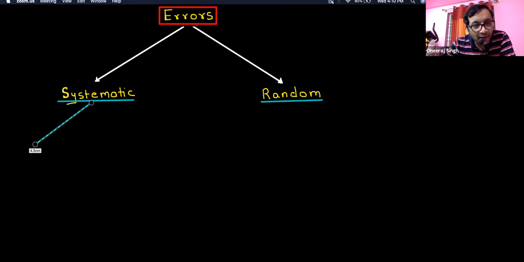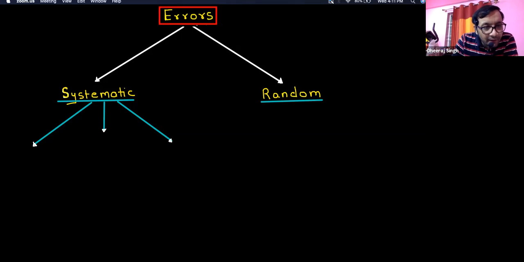Anyways, so systematic error can be classified into 3 parts. Write down. Now you'll understand which part of the systematic error these examples belong to. Systematic error can be instrumental.